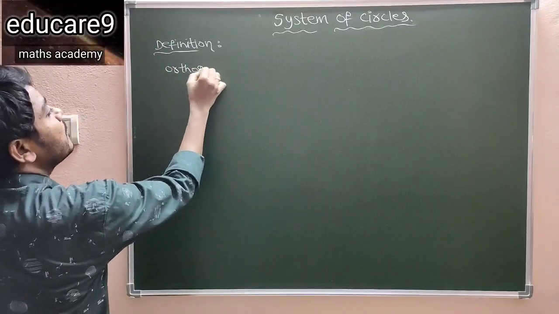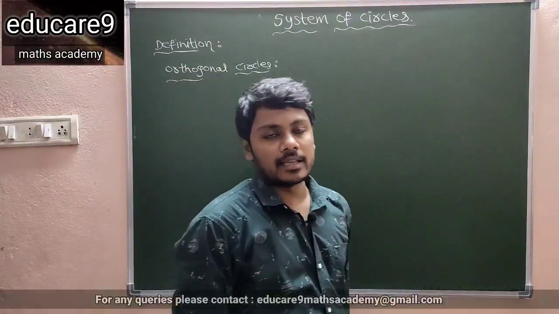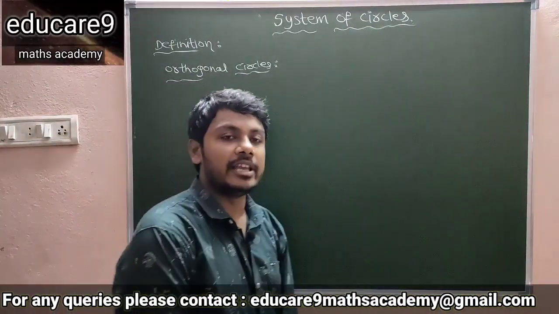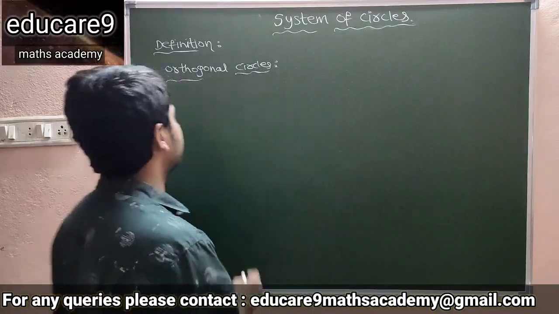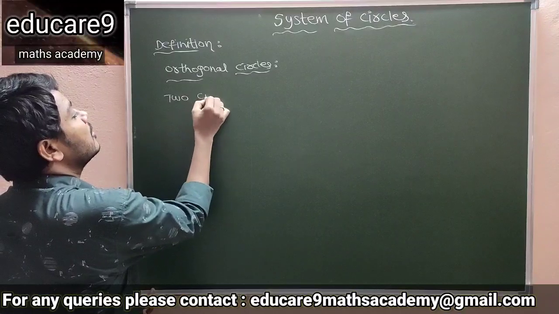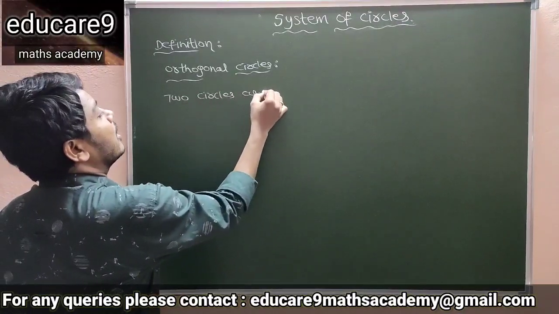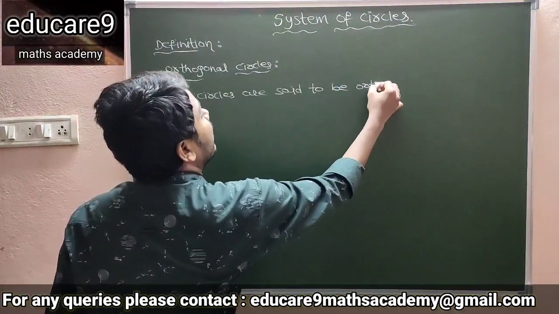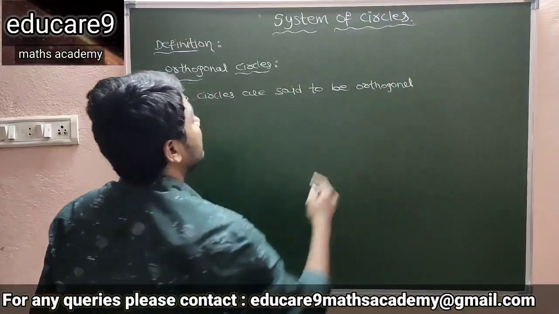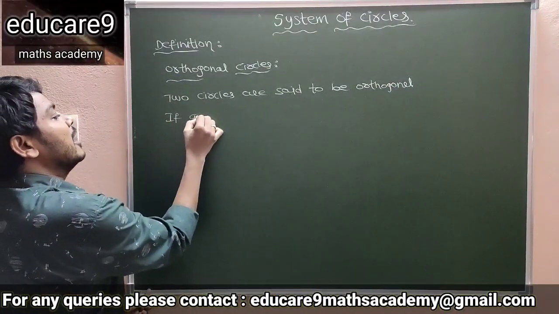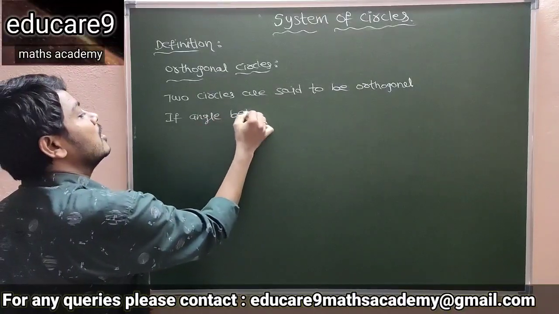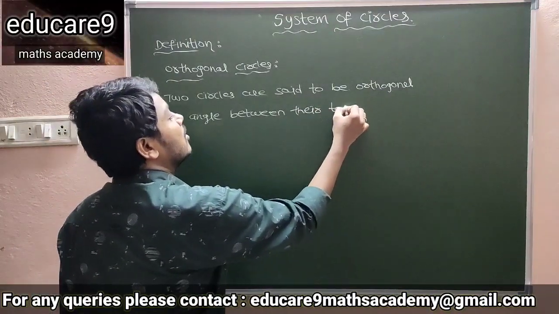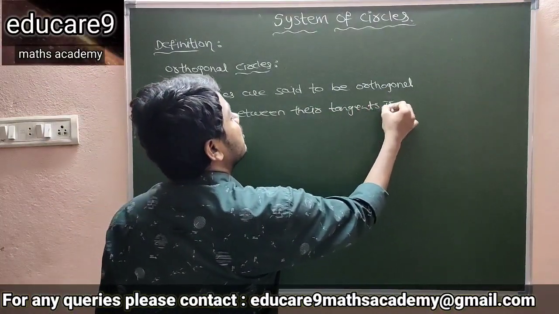Orthogonal circles. Two circles S and S dash are said to be orthogonal circles if the angle between their tangents is 90 degrees.